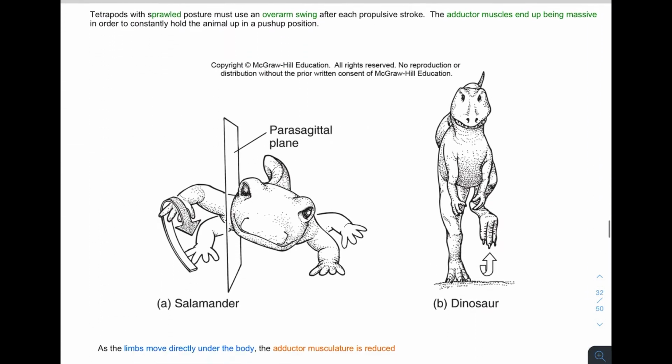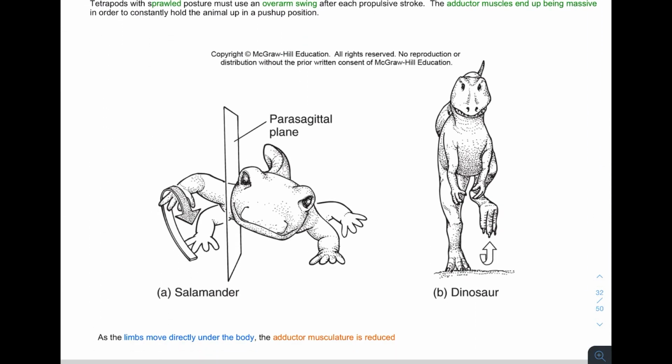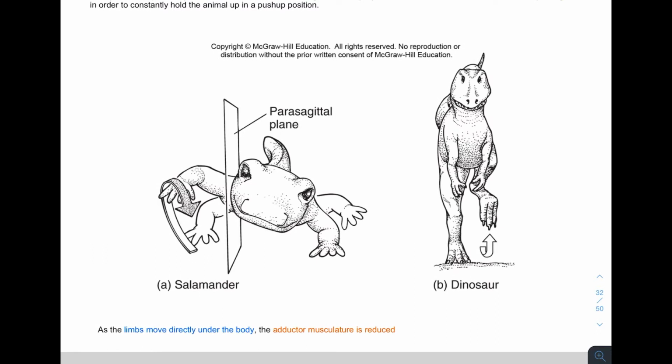So here is a picture of that type of efficiency compared, where you see that the salamander on this side has to roll that limb in a circular motion up and around in order to step. And we saw that in the footage.